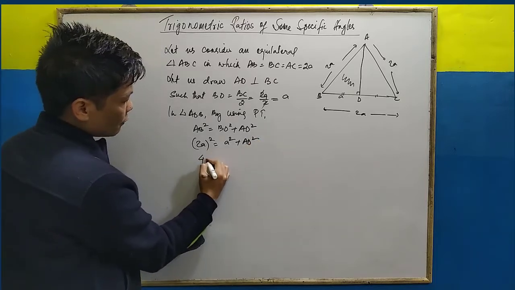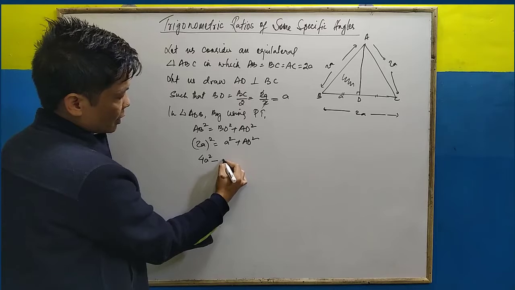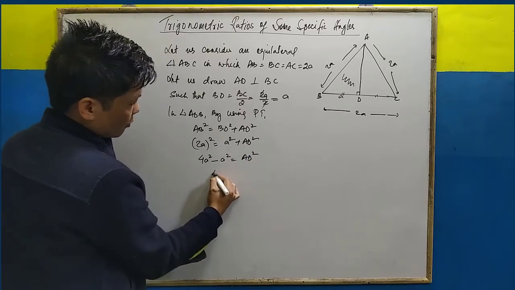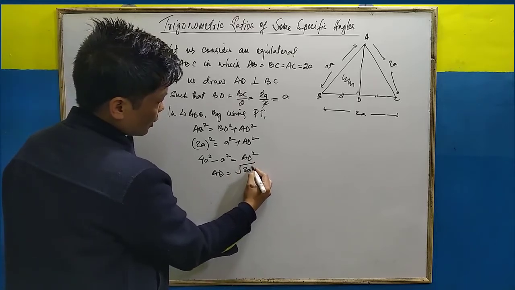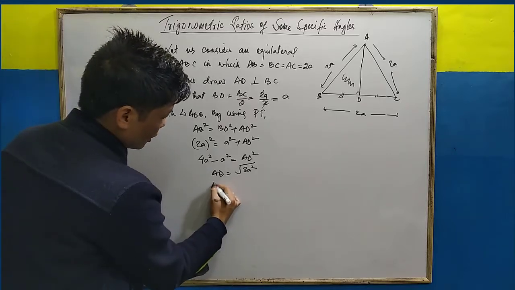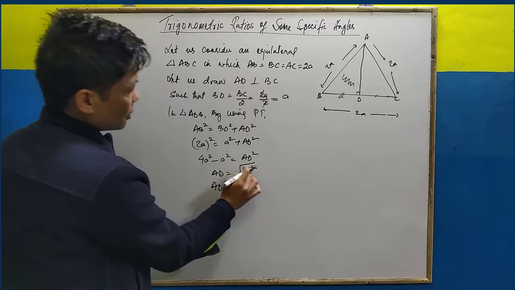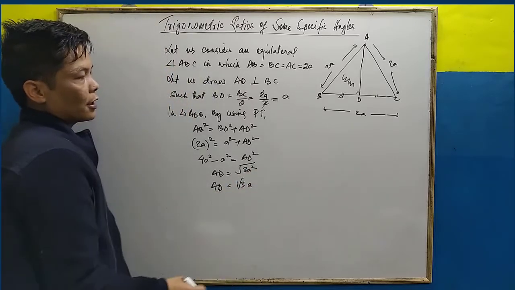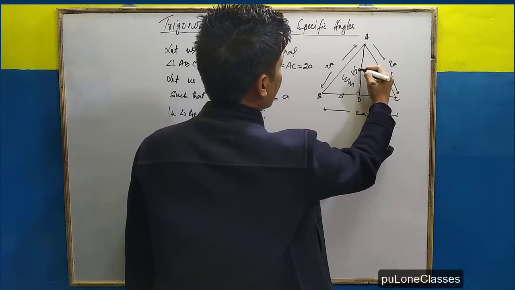So (2a) square is 4a square. If I take a square to the left hand side, I get minus a square, equals AD square. So AD will be under root of 3a square, because 4a square minus a square is 3a square. Under root of a square is a, so AD is root 3 times a. The value of AD is root 3a.